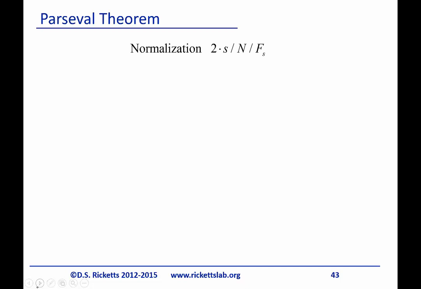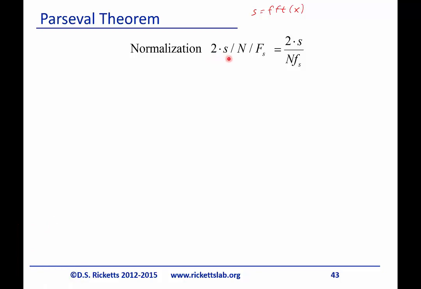So if you've noticed, there is quite a bit of normalization that happens to the FFT. And the one that we use often is 2 times S, where in this case S is simply the FFT of some other signal. X is an example here. And what we have here is 2, and the 2 is because we're going from double-sided to single-sided.